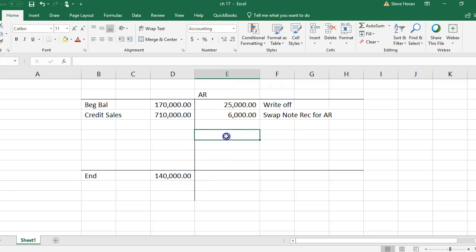So essentially from there, it's like, what does it take to make us balance? We got the beginning balance, ending balance, all of our sales. We had two credits that happened, the swap and the write-off. So what will it take to make this thing balance? And let me see if I can do the math right.